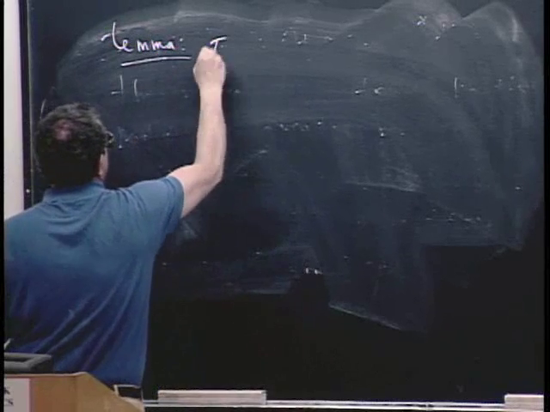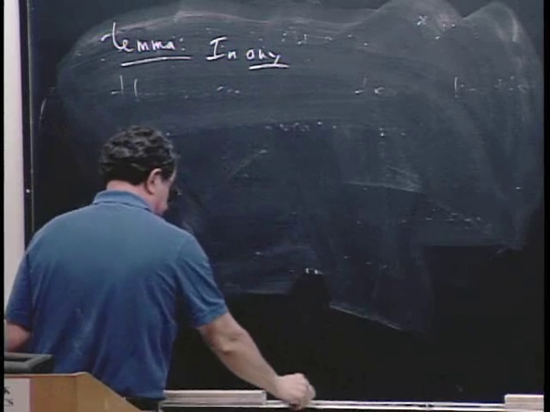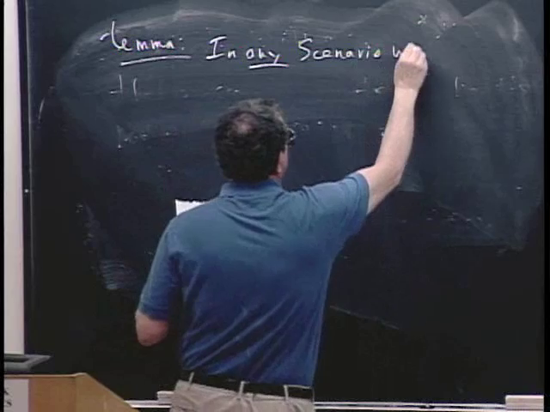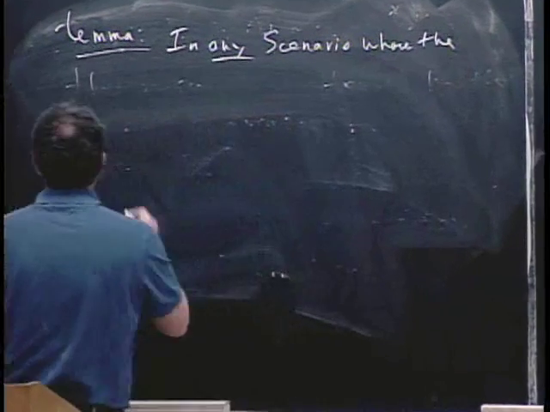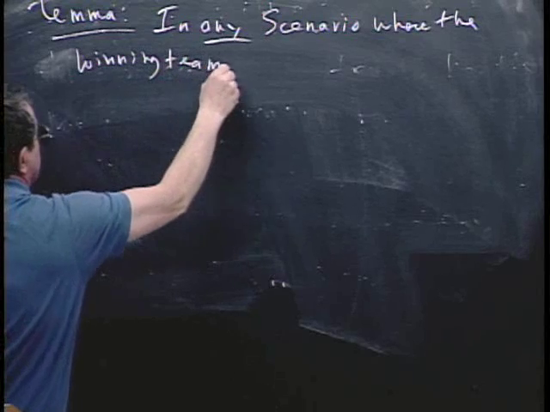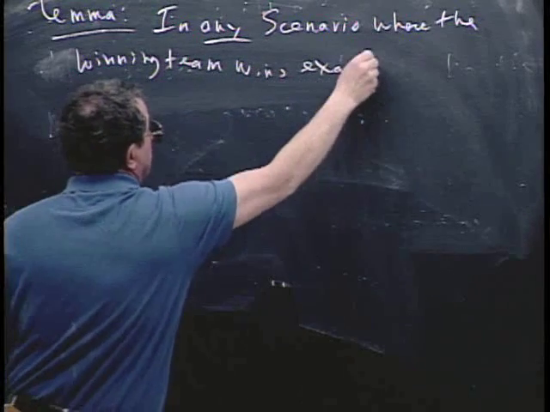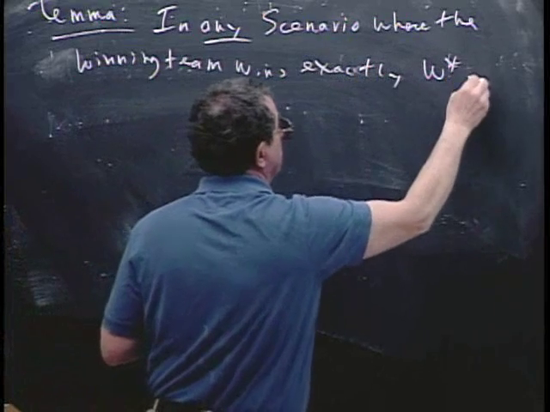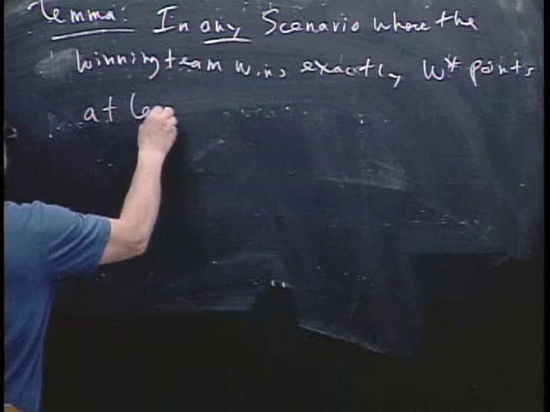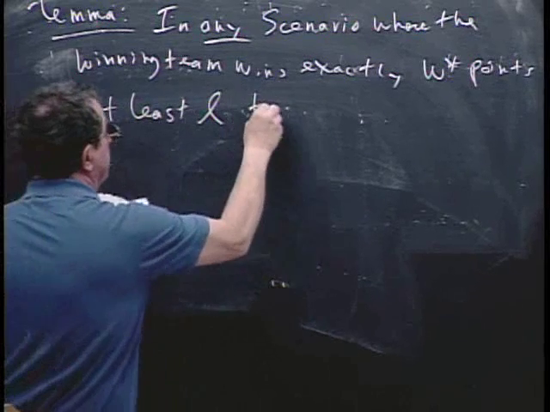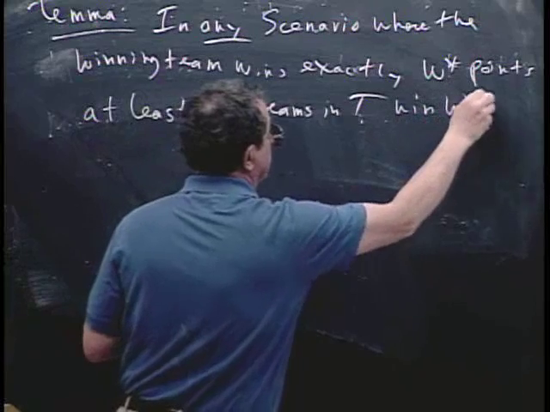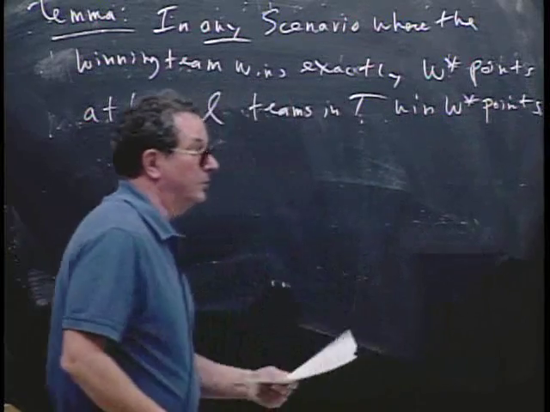Lemma: in any scenario where the winning team wins exactly W star points or games, at least L teams in T win W star points. So remember, we're looking at scenarios.